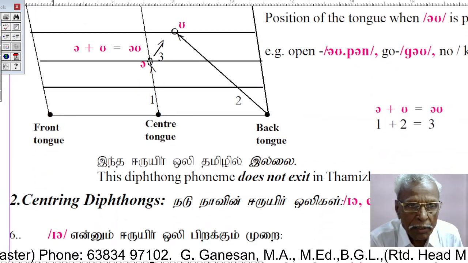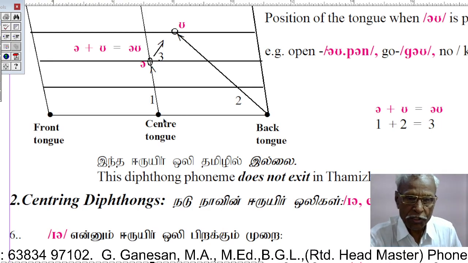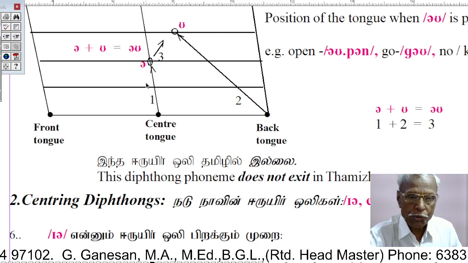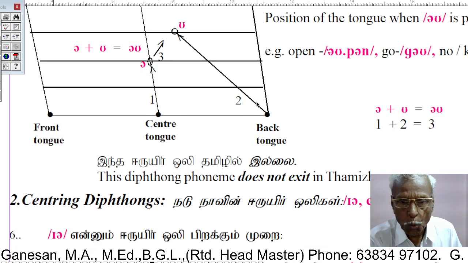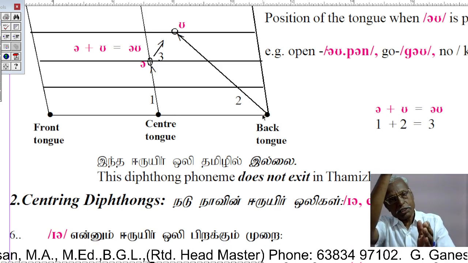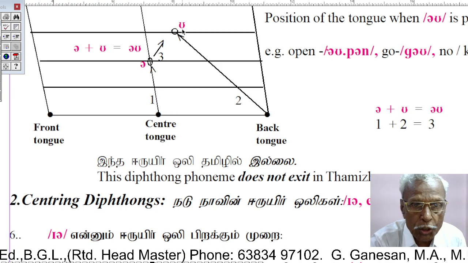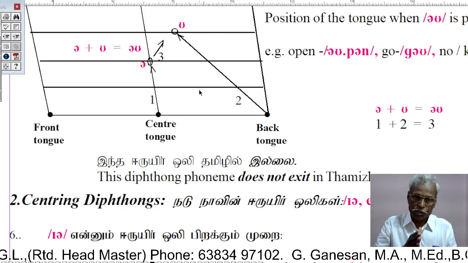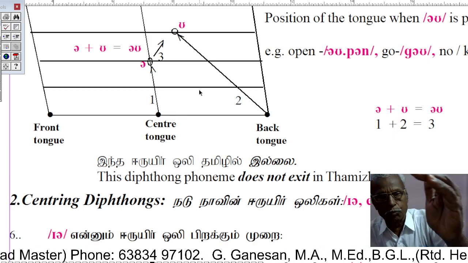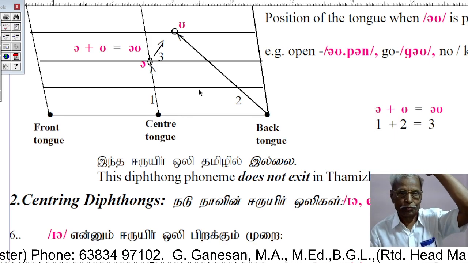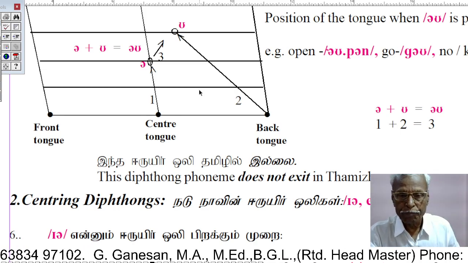You see, dear teachers and students, first A is produced by raising the center of the tongue. Then U is produced by raising the back of the tongue. And then A is moved towards U. This is the way of how it is produced.